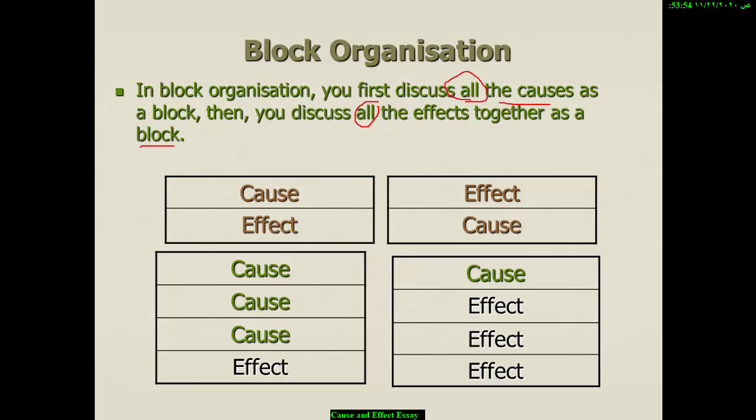So either you start with the causes, then the effects, or you do the opposite. You talk about all the effects and then all the causes. If you have more than one cause, you list them all first, then you talk about the effect, or if you have one cause and more than one effect, you list them also in order.